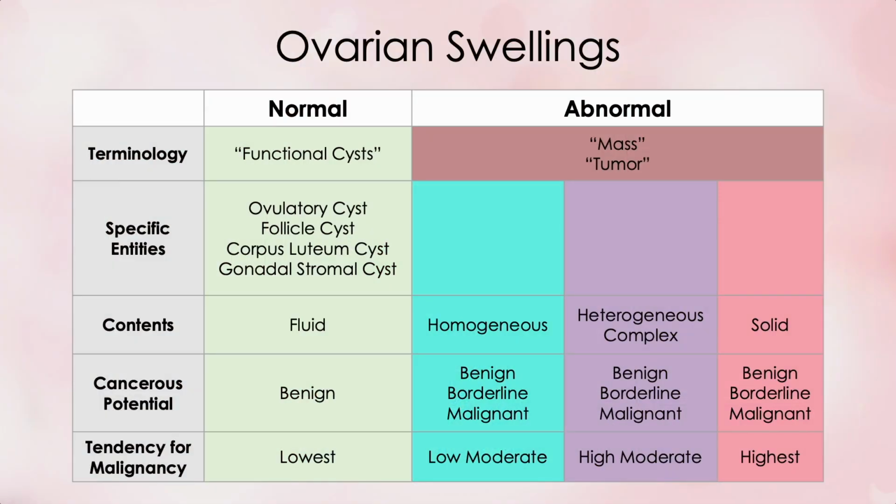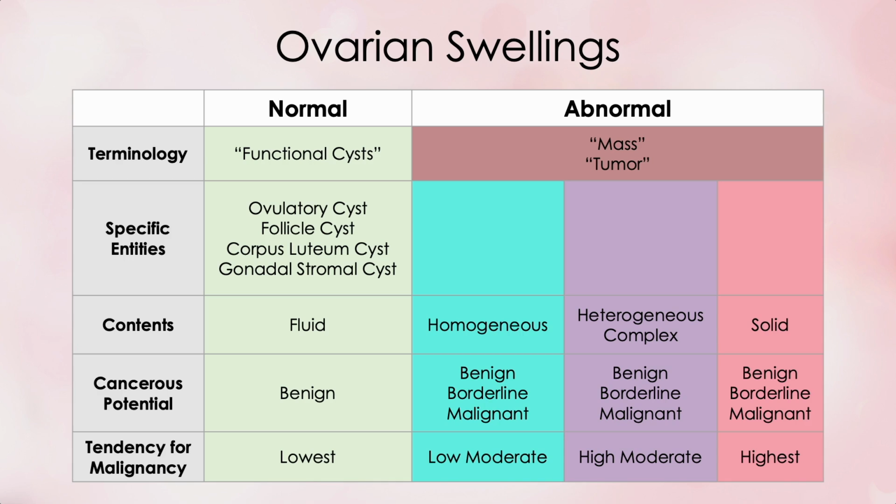If you're not a big fan of flow sheets, you can depict all of this in a chart too. Here in the first row, you see the two categories of ovarian swellings, normal versus abnormal. In the second row, you see the terminology used for these two categories.